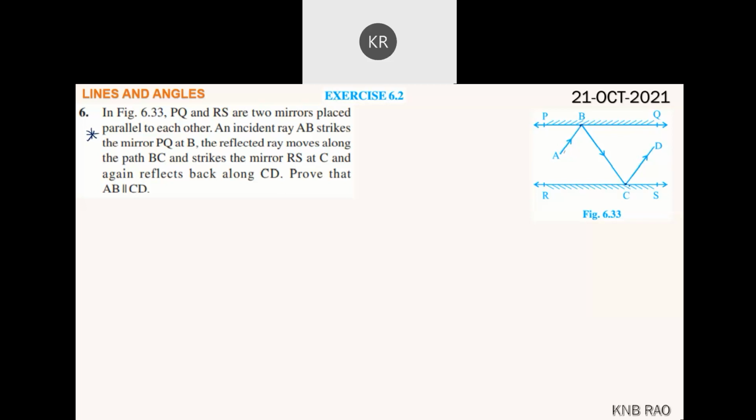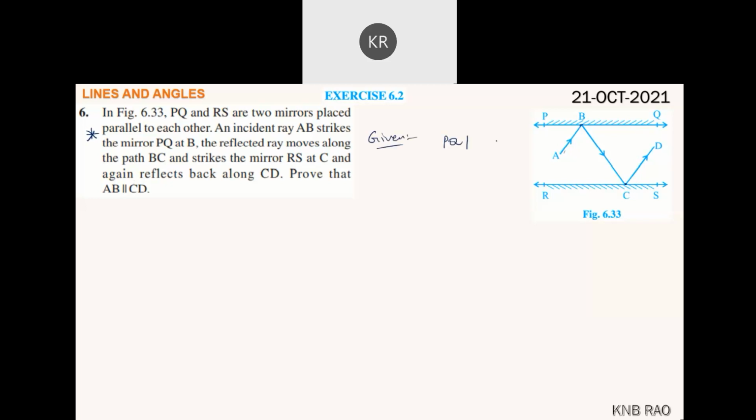Then again it reflects back along the path CD. Now prove that AB is parallel to CD. How will you do it? Given PQ is parallel to RS.